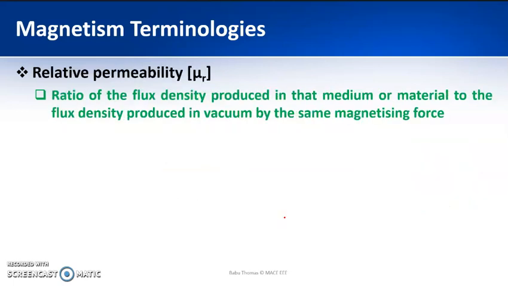Next is relative permeability. It is represented by mu r. It is the ratio of the flux density produced in that medium or material to the flux density produced in vacuum by the same magnetizing force.